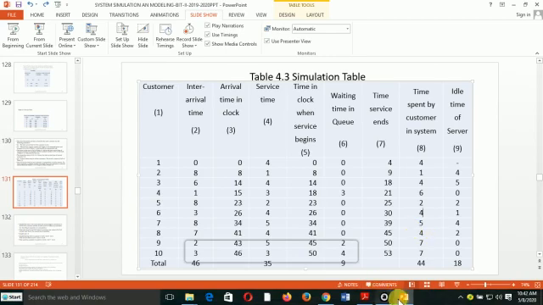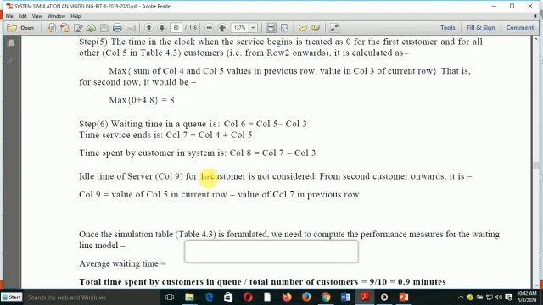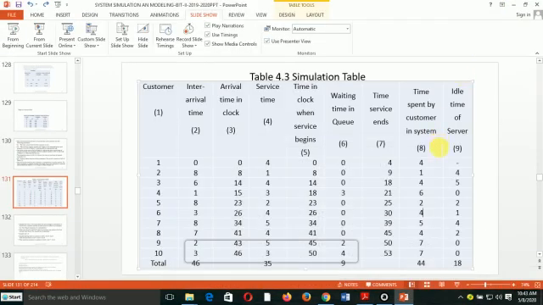And then the idle time of the server. For the first customer, it is constant. But for the second customer, column 9 will be equal to the value of column 5 in the current row minus the value of column 7 in the previous row.